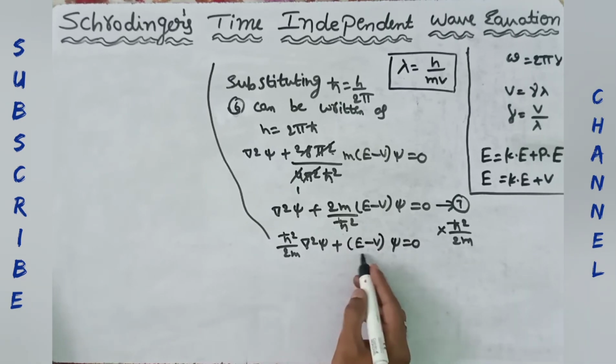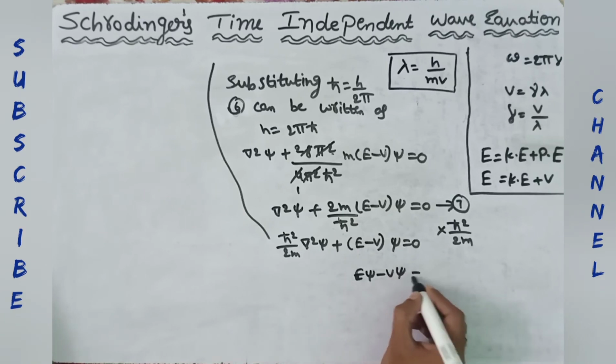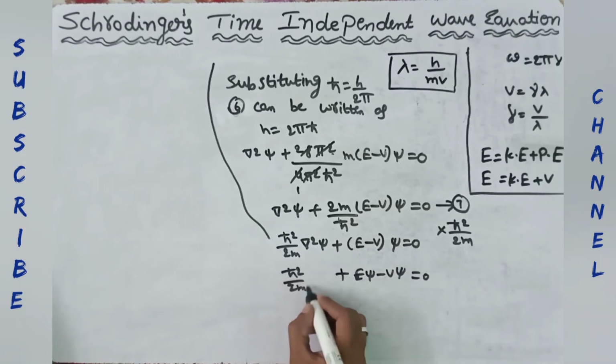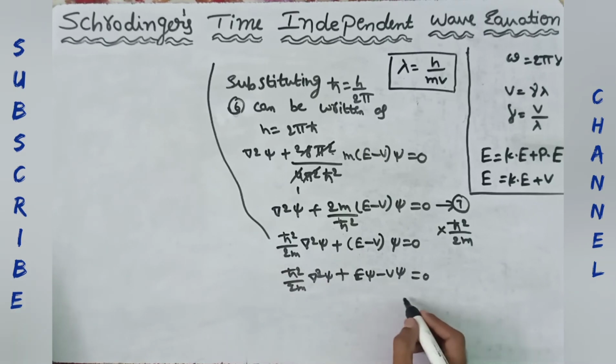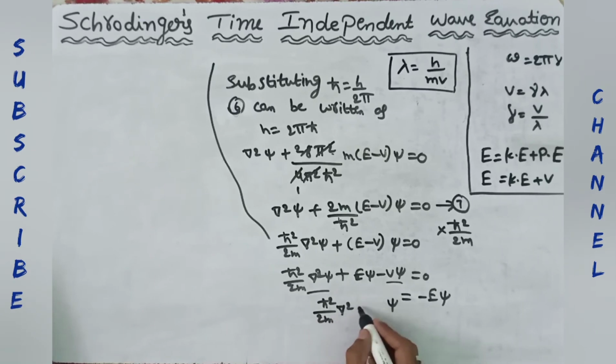Now we multiply this side into the inside. This becomes E phi minus V phi is equal to 0. We send this E psi to that side, this becomes minus E psi. From the remaining two terms we write psi as common: h cut square by 2m del square minus V.